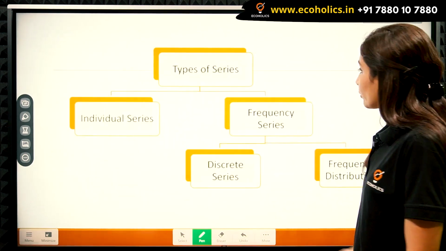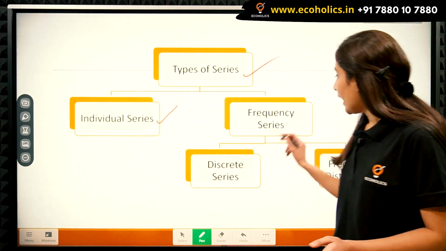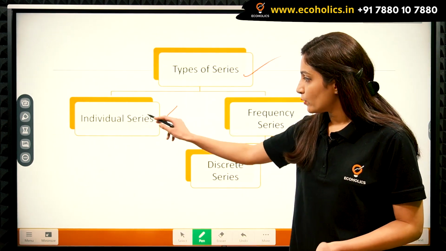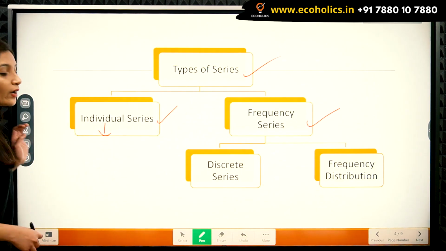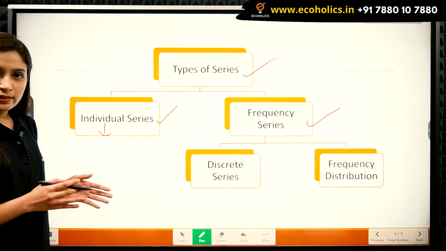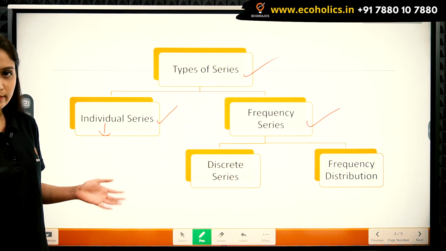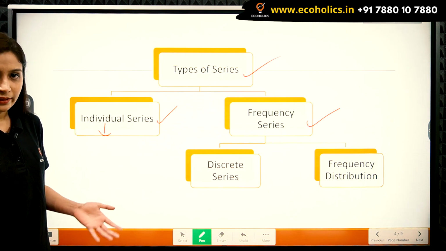Now let's look at the types of series. First we have individual series and we have frequency series. First we'll understand what is individual series. Individual series are those series which do not have frequencies of different items of the series. Instead, we only have the values of different items.